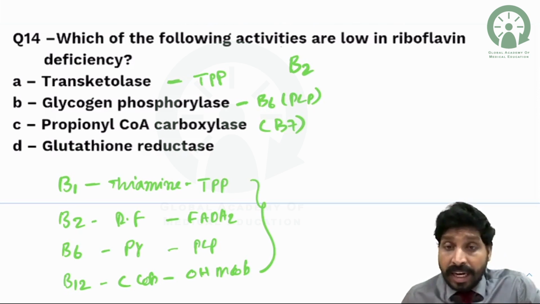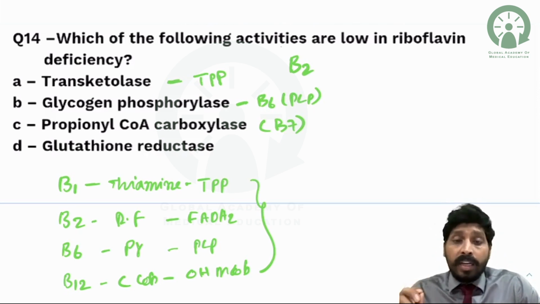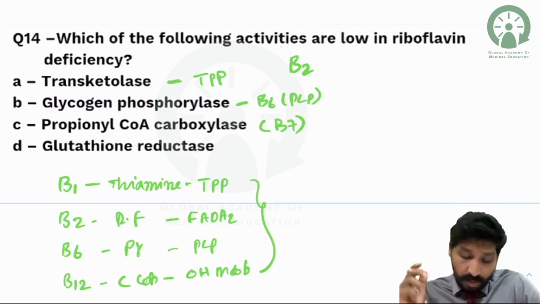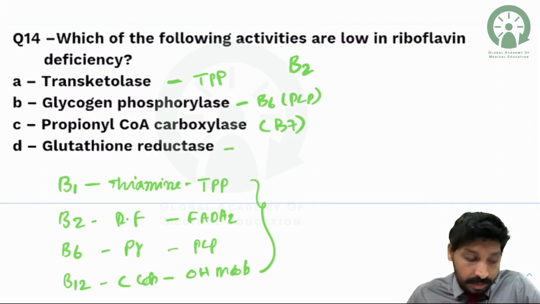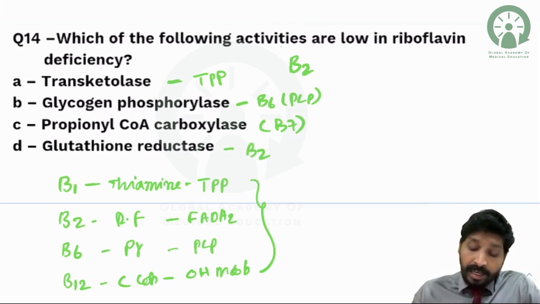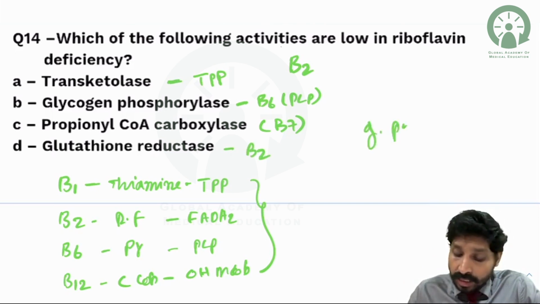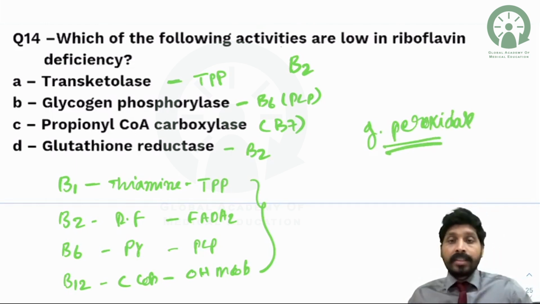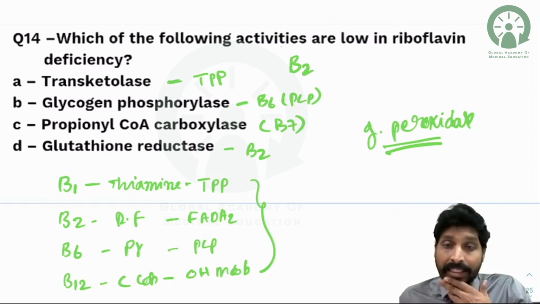Any carboxylation reaction in our body requires B7 as coenzyme form. And glutathione peroxidase requires selenium. Know the difference: glutathione reductase is different, glutathione peroxidase is different.